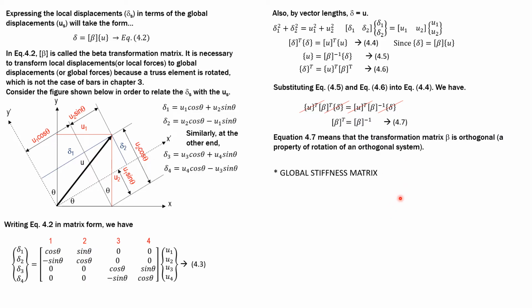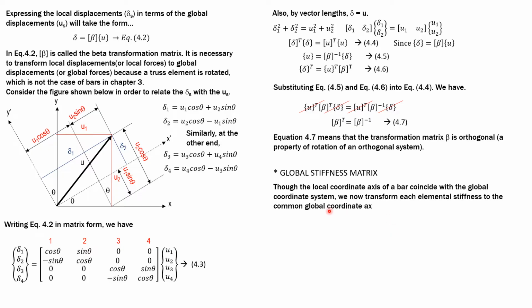We now proceed to the derivation of the global stiffness matrix. Though the local coordinate axis of a bar may coincide with the global coordinate system, especially along one axis, we now transform its elemental stiffness to a common global coordinate axis in order to generate the global stiffness matrix. So we transform the local coordinate system into the global coordinate system to derive the global stiffness matrix.